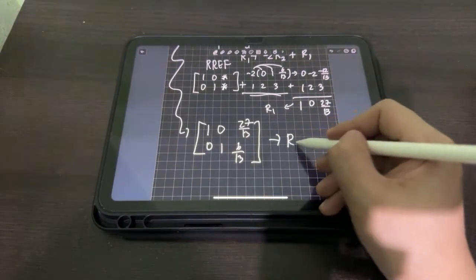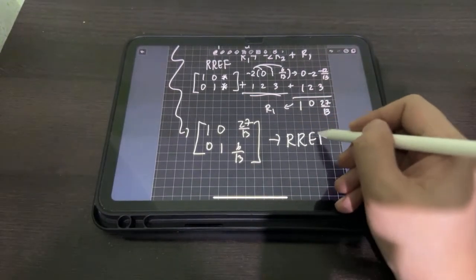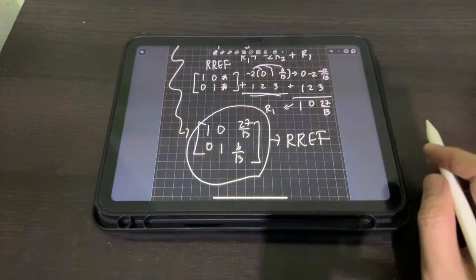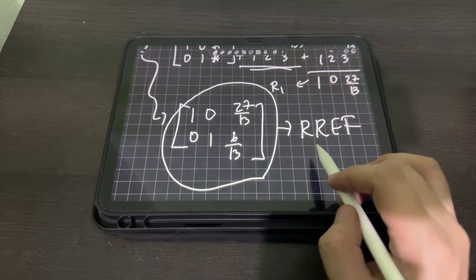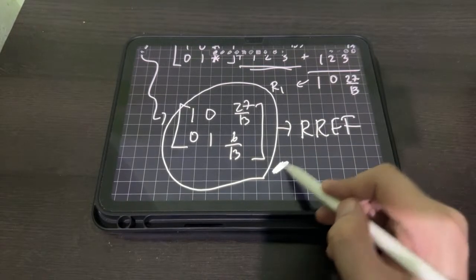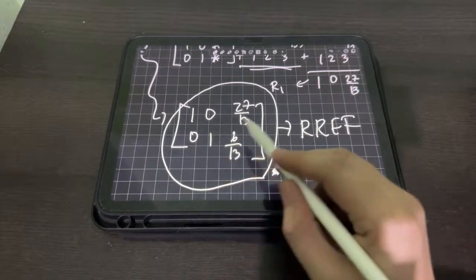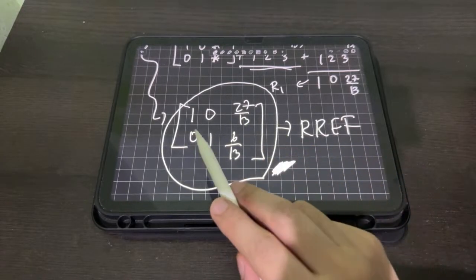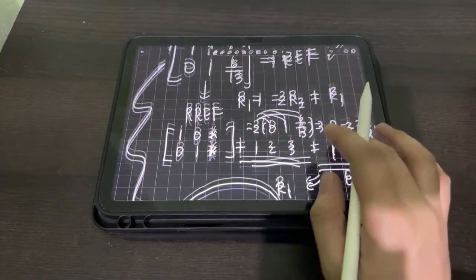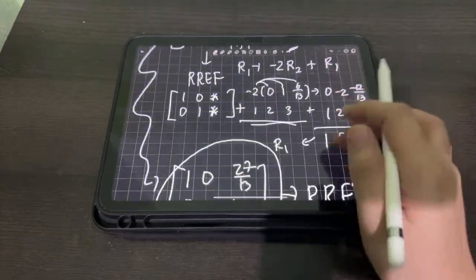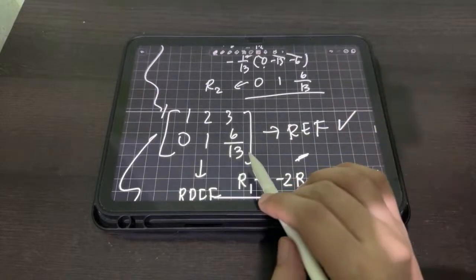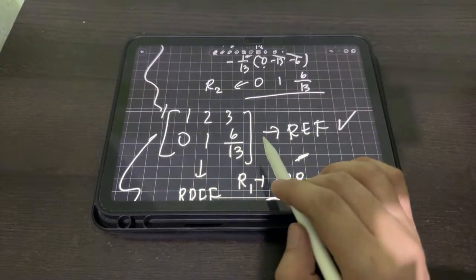So this is the RREF, final answer. Again, this is unique. We should not have any other RREF. This is just the RREF, 1, 0, 27 over 13, 0, 1, 6 over 13. But the REF can have any other entries. It depends on the elementary operations that you did.